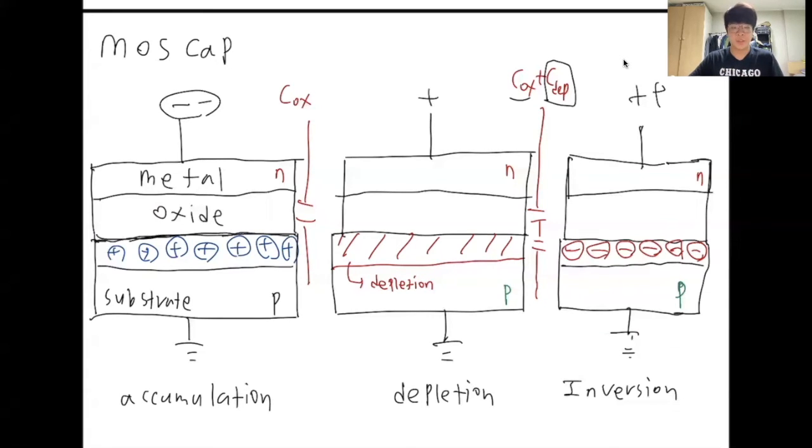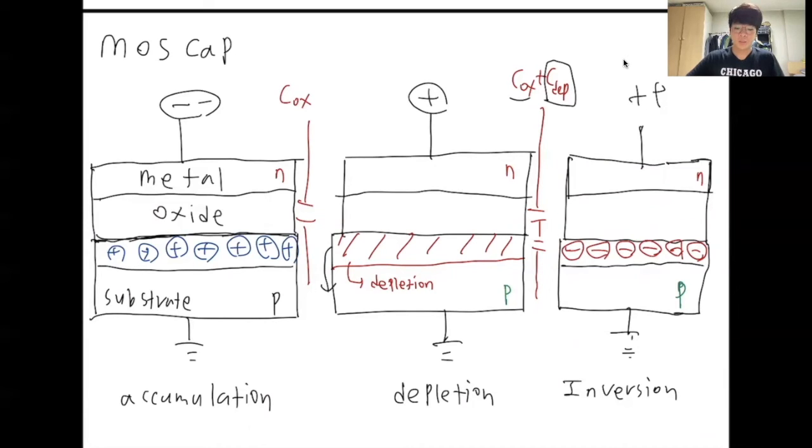And if we give a reverse bias, a positive voltage to the metal side, then by the electrical repulsive force, the holes are drawn out to the ground side. That makes a depletion area.